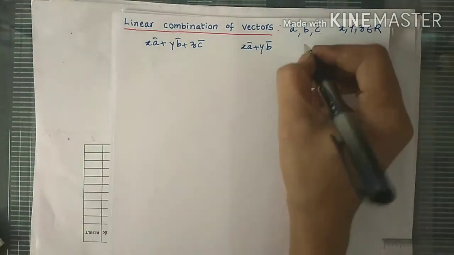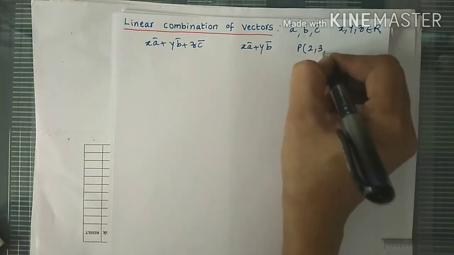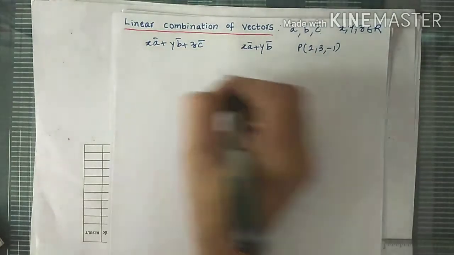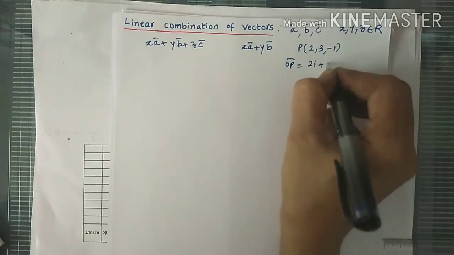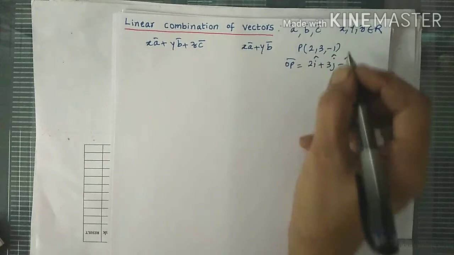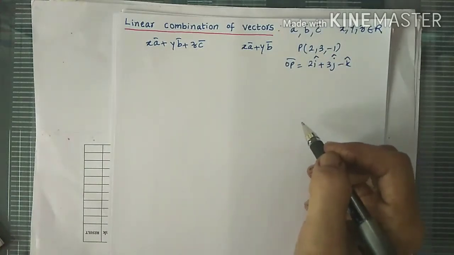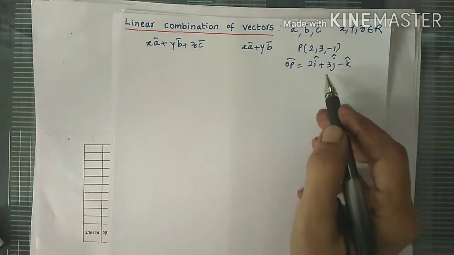So for example, if we have a point P as (2, 3, minus 1), then the position vector of P, OP bar, is 2i plus 3j minus k. This is nothing but a linear combination of i, j, k, as we are multiplying i, j, k by 2, 3 and minus 1 and adding them.